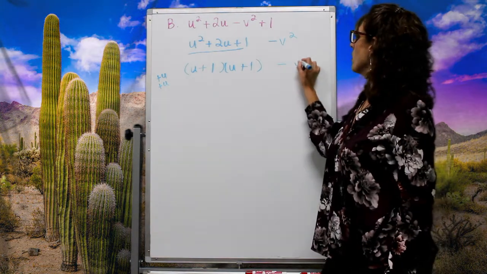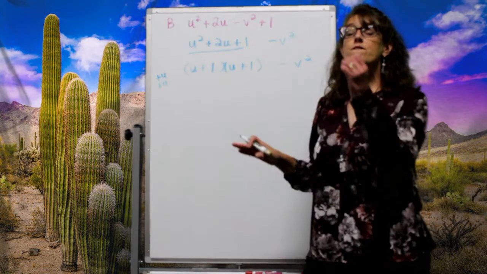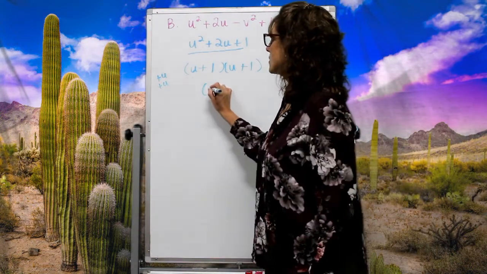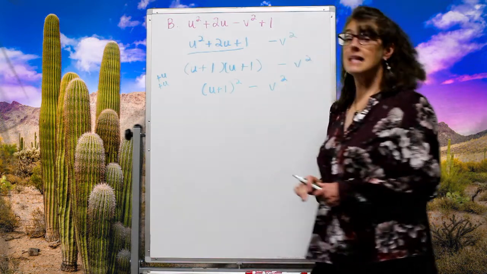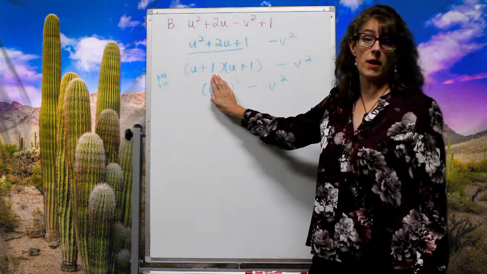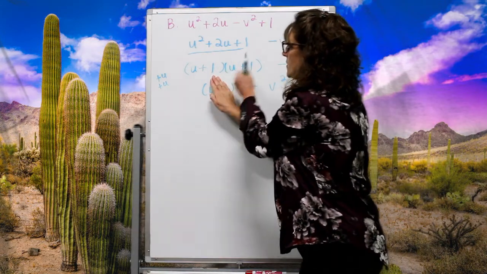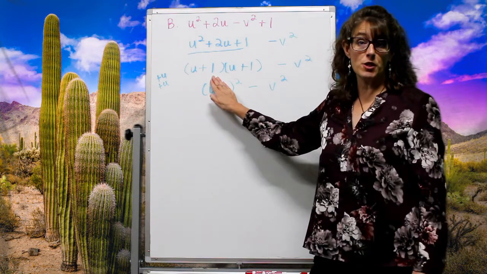But remember, what I wanted to point out is that when you see a quantity times itself, very important that you write it as quantity squared. Because now I have my difference of squares. I kind of sort of don't care what's inside that parentheses. It is parentheses squared minus v squared. Aha, there is my difference of squares.